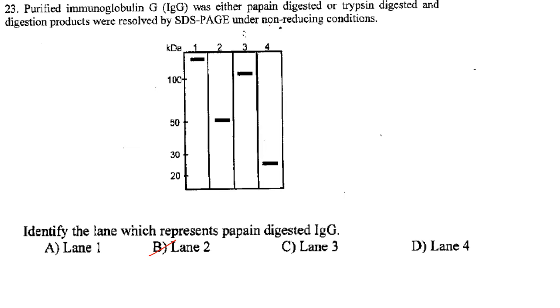Then next one. Purified immunoglobulin was either papain digested or trypsin digested and the digestion products were resolved by SDS-PAGE under non-reducing condition. So non-reducing condition, so the products are not denatured. So the question is identify the lane which represents papain digested IgG.